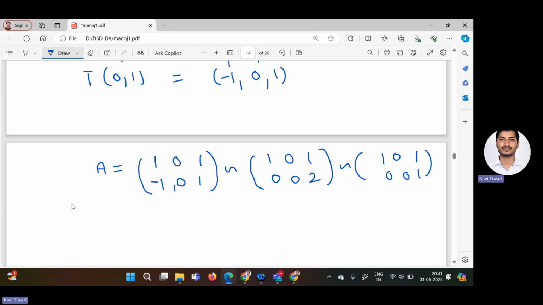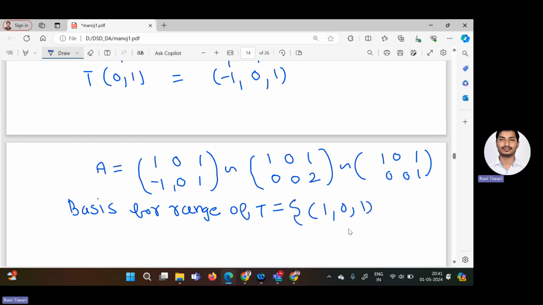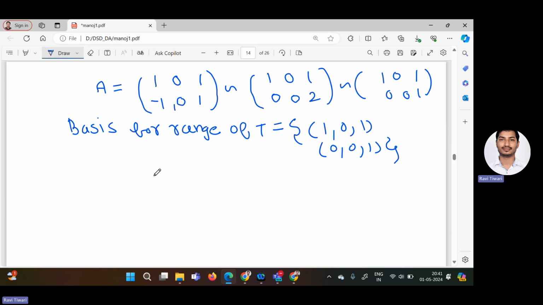So the basis for the range of this linear transformation is given by these two vectors. The first vector is 1, 0, 1 and the second vector is 0, 0, 1. This is the process to calculate the range space of a linear transformation. If nothing is given, you can apply the image of the linear transformation and convert it into row echelon form.